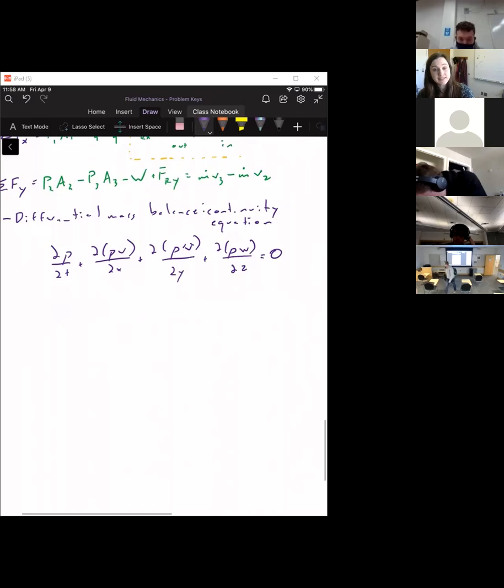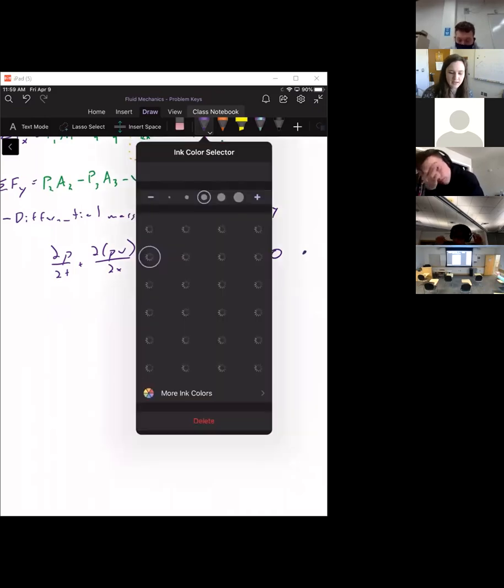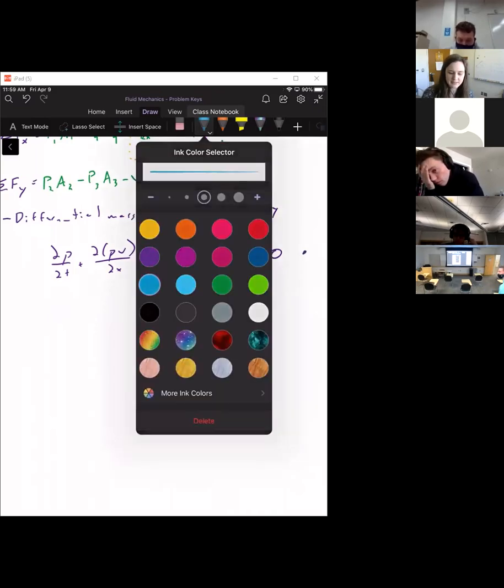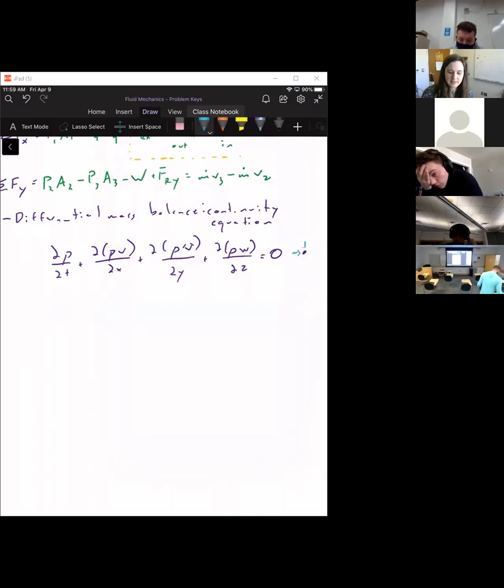This is just a mass balance. It is a differential mass balance, which means it's a mass balance on a single point, and it tells us that the mass flowing into that point either has to change the density right there, or it has to go back out. That's all it says. If mass flows into a point, it can either stay and change the density, or it can leave.